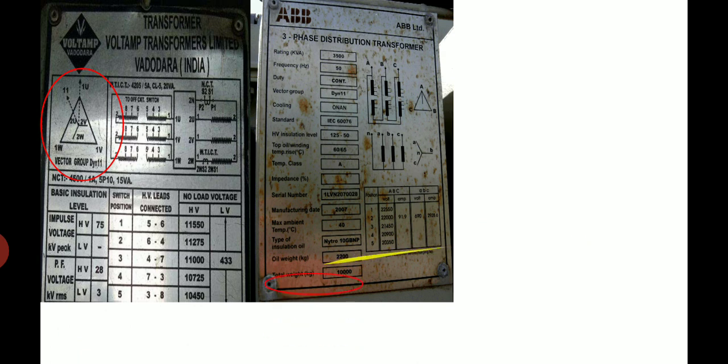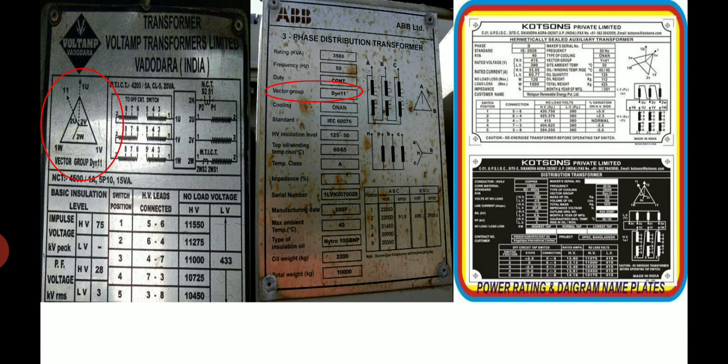Here I have shown three photographs of three different transformers. One is a make of Voltamp Transformers, the other is a make of ABB, and the third one is a make of Cotson's Private Limited.